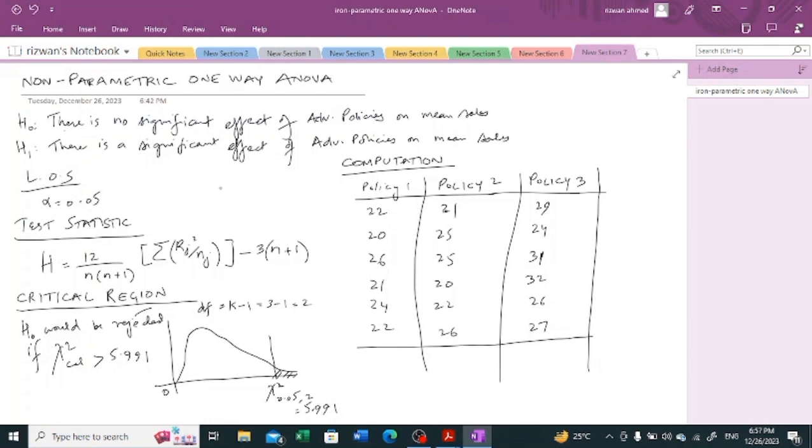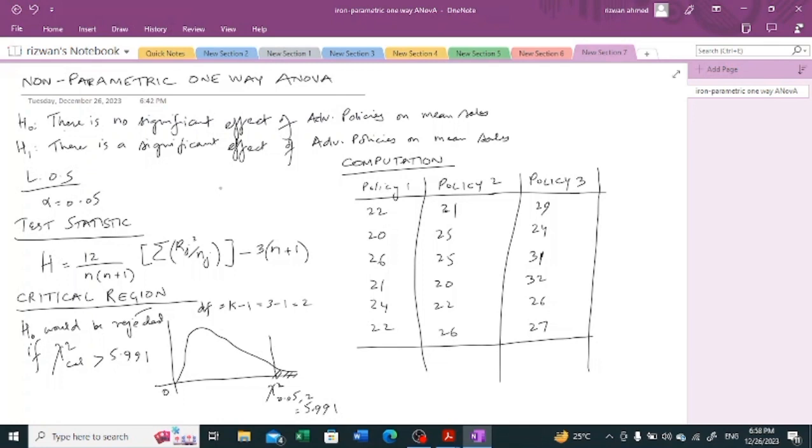This H statistic follows the chi-square distribution, which needs degrees of freedom. Since we are given three levels of the variable, advertising policies, the degrees of freedom are 3 minus 1, that is 2.